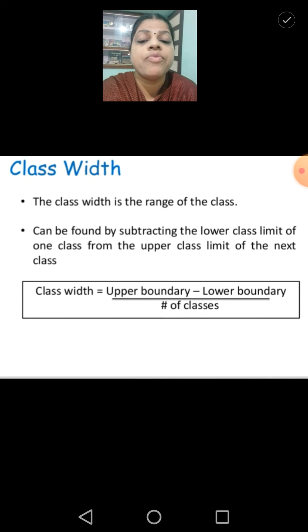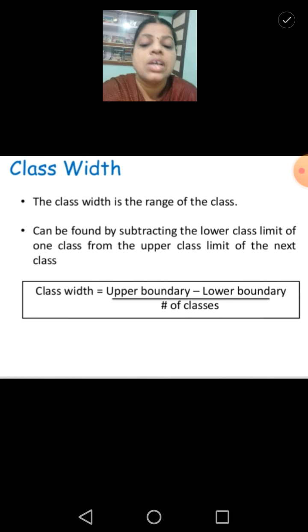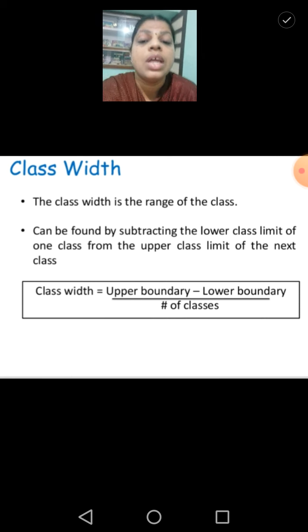It can be found by subtracting the lower class limit of one class from the lower class limit of the next class. We will be able to find out the class width also. Or the formula is given as class width equals upper boundary minus lower boundary divided by the number of classes. Yes, this is the formula to find out the class width.